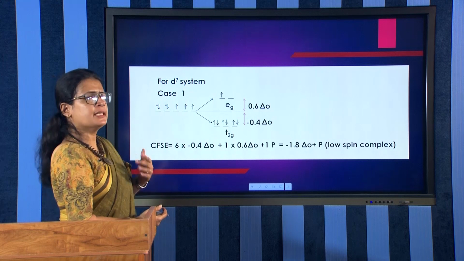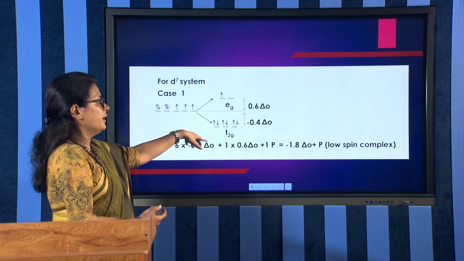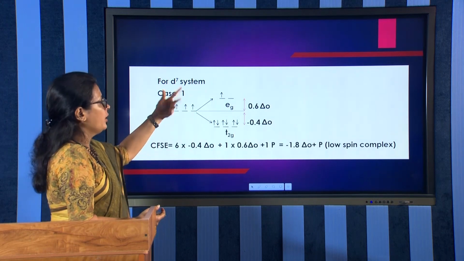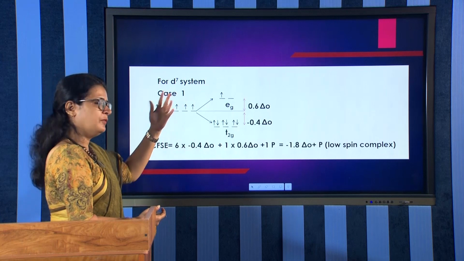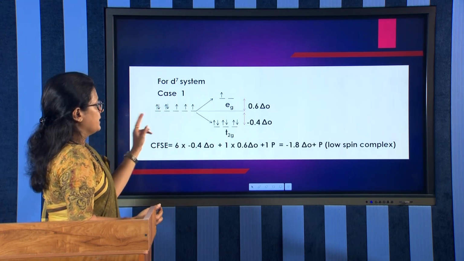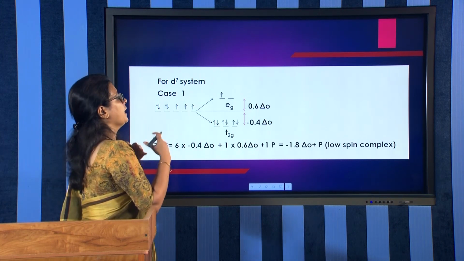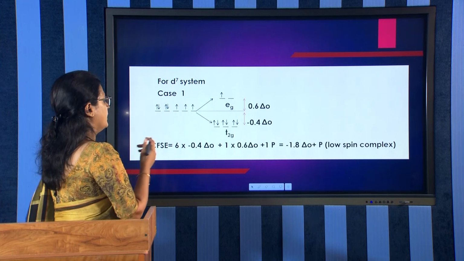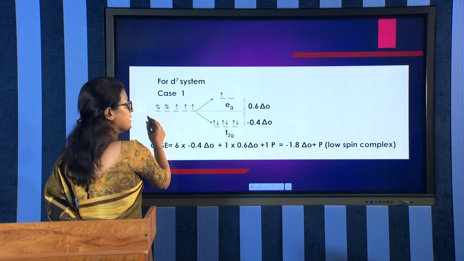Now the d7 system. The d7 system also has 2 possibilities. Either you can pair in the t2g set, or you can go to the eg, and after the 5th electron, the 6th and 7th will be paired in the t2g. In the first case, you first pair all the electrons; that is the low spin complex considered here. d7 means 7 electrons.